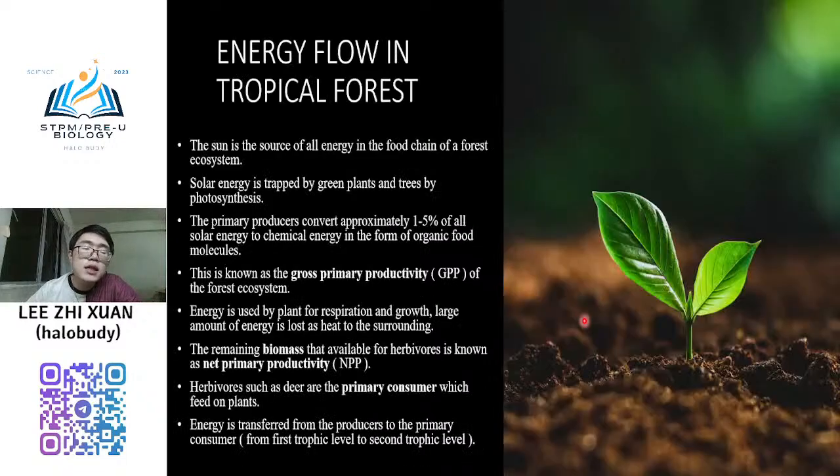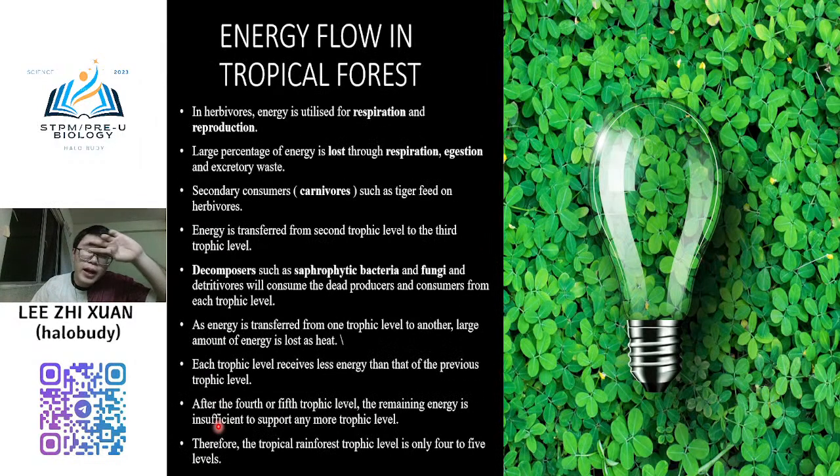Okay, another one is in the tropical forest. Actually, it is the same theory as what we mentioned at the start, but here we focus more on the tropical forest. So the previous point is almost the same: GPP and then NPP, primary consumer, and energy transfer from producer to primary consumer, all of this is the same. And then you see here, energy is used for respiration and reproduction, and then respiration, egestion, and excretory waste.